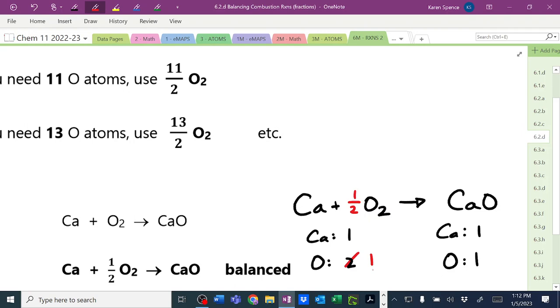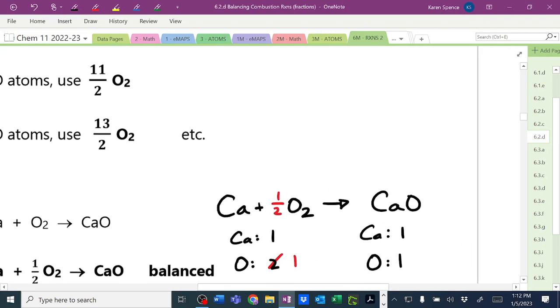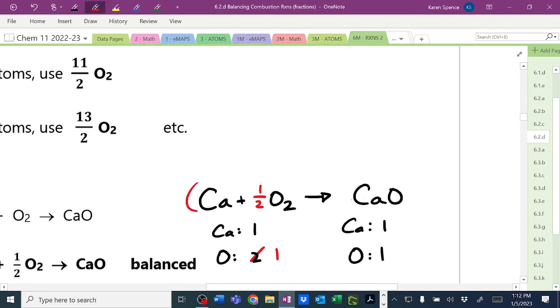We don't usually like to leave it like that. If we have a half, then what we do is we take this whole thing and we multiply it by 2.